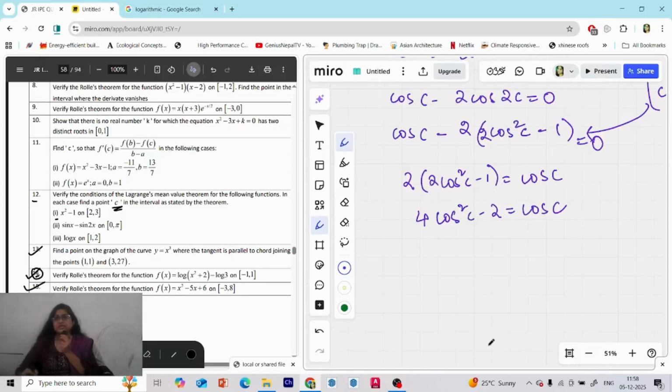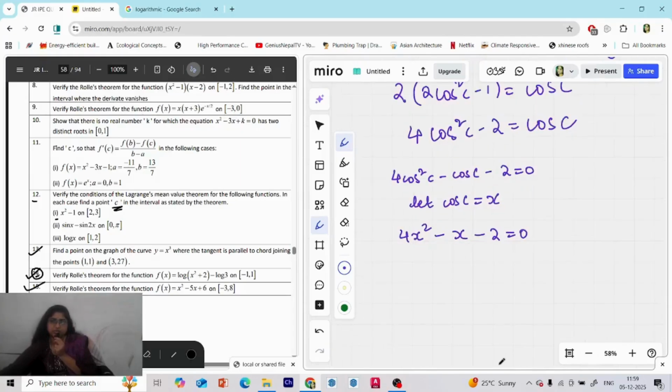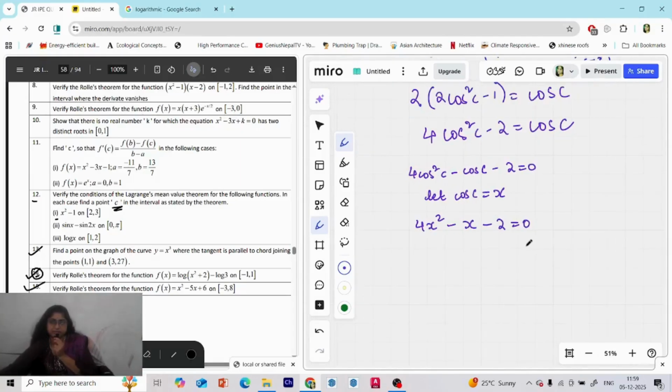This can be written as, if I take it that side, 4 cos square c minus cos c minus 2 is equal to 0. If cos c is equal to x, so what do we have? 4x square minus x minus 2 is equal to 0.